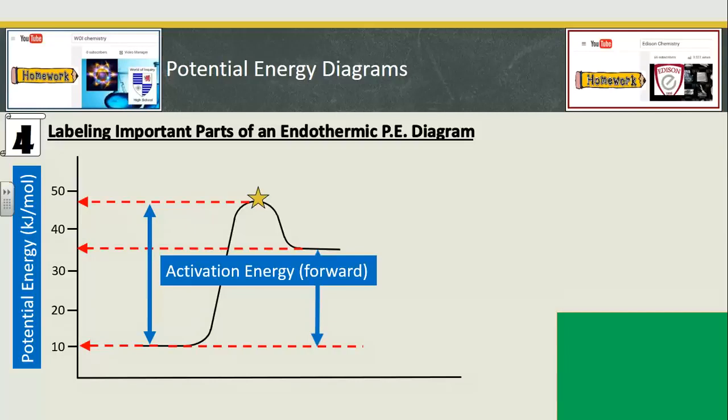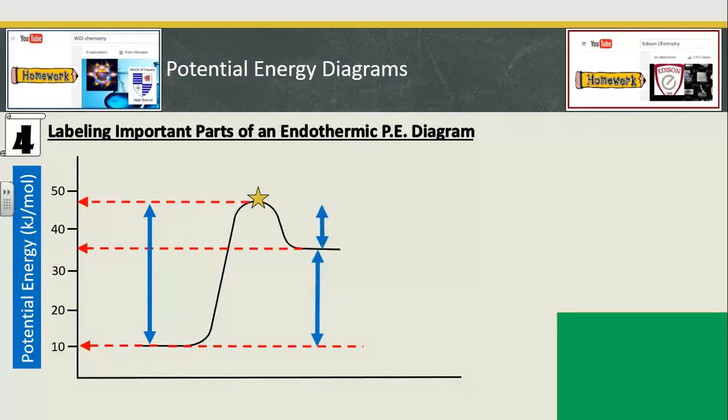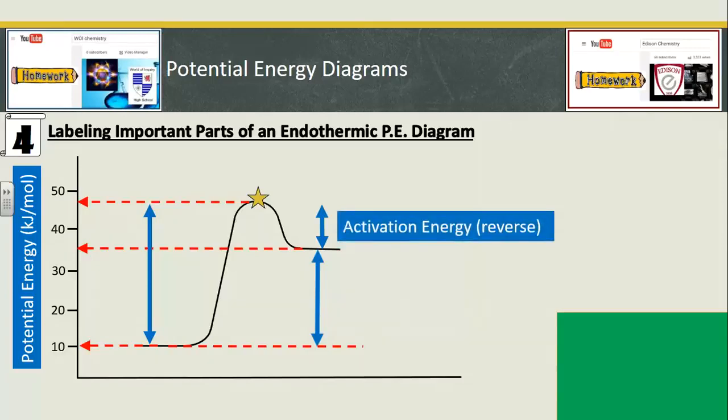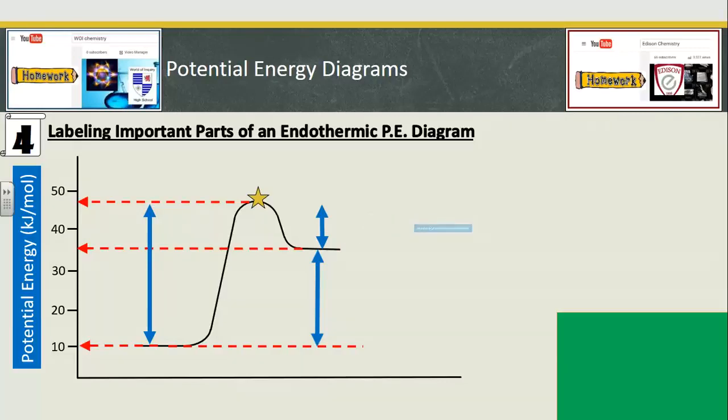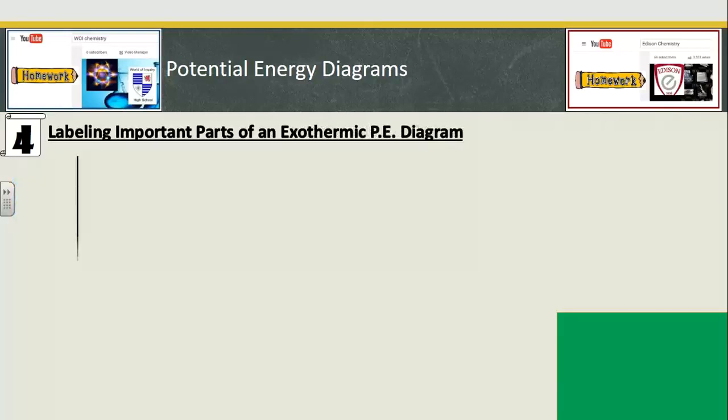So we call that the forward activation energy because we're traveling from the left to the right, forward reaction. If you were to label up this tiny little gap here, that would be the activation energy for the reverse reaction. If we were running this reaction backwards, it takes less energy to get to the top of the activated complex. Now, I think there's one more thing we need to put in here.